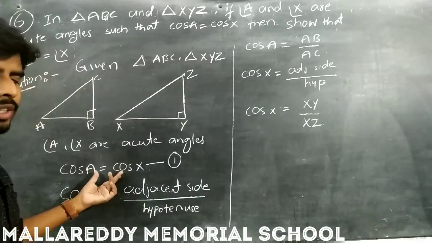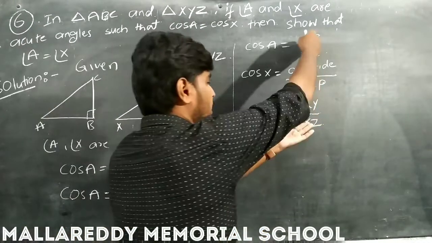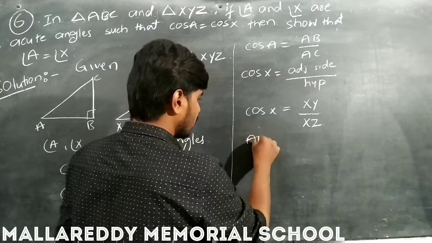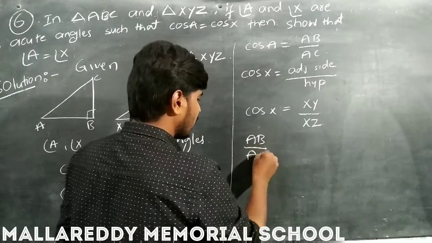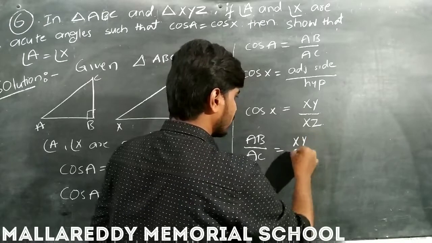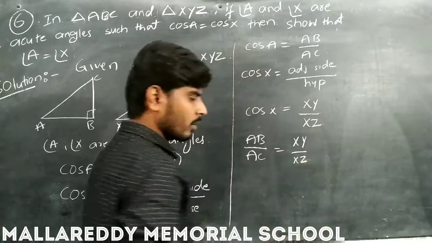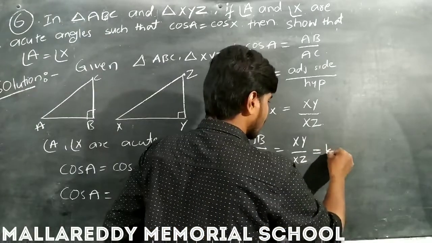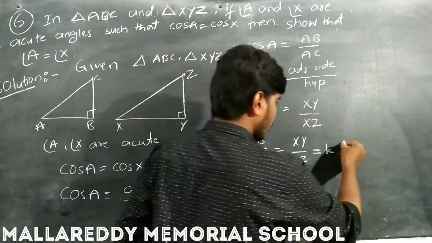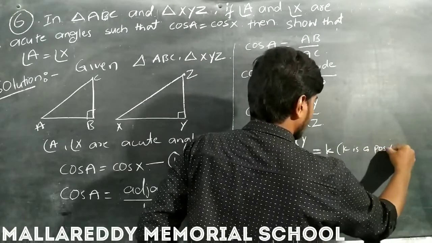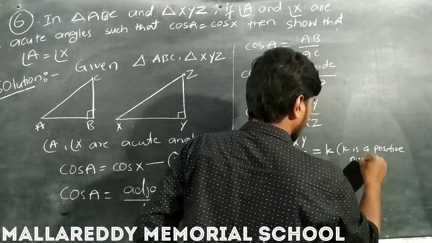So from equation 1, these two ratios are equal, isn't it? That is AB by AC equals XY by XZ. I am considering this ratio as K, where K is a positive number.